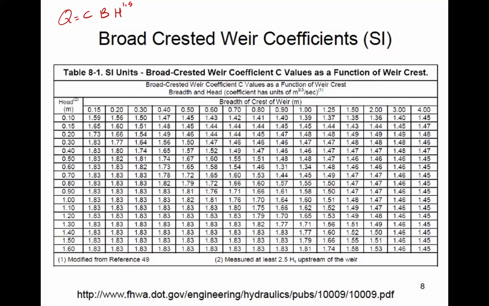So what has happened is that there's a lot of data available that give us the range of these C values for different situations, different heads, like this table, width of the crest itself, and so on. And you'll see that 1.7, the theoretical value, is right here. And it varies from, as we said, really small, around 1.4, all the way to, I don't think we have it in this table, but 2.2 and so on. So it is a relatively wide range, depending on the shape and how valid those assumptions are.